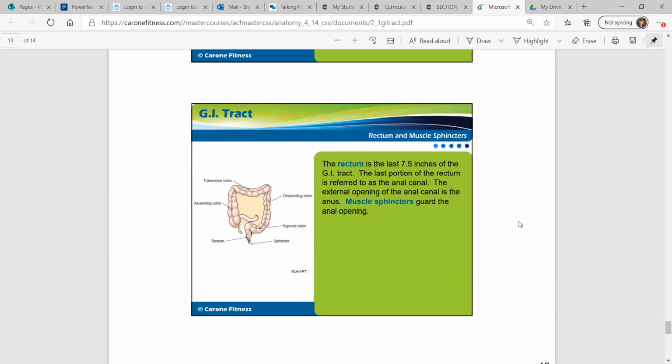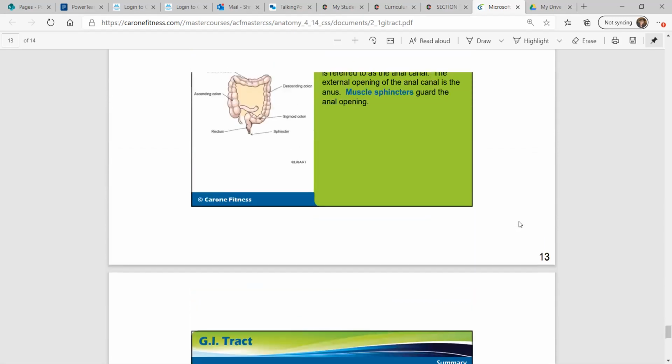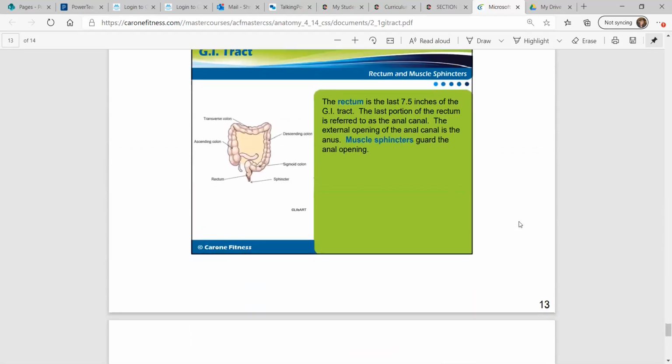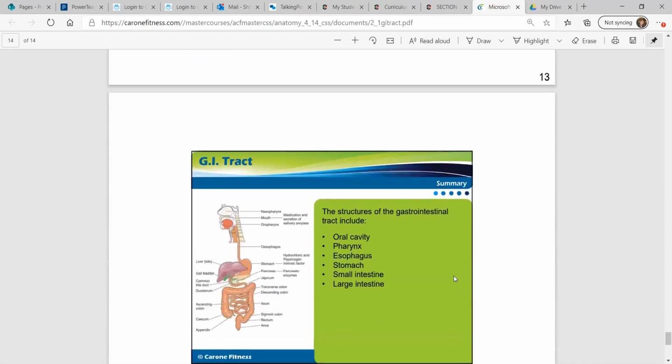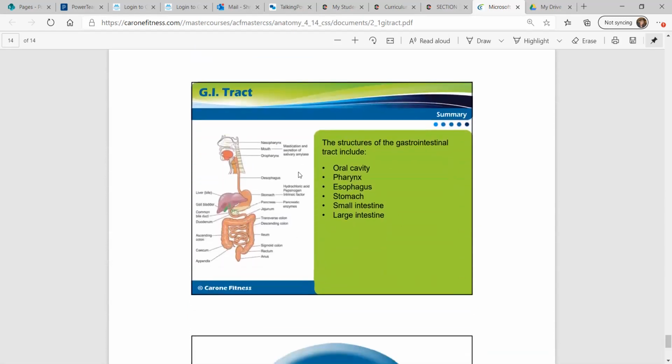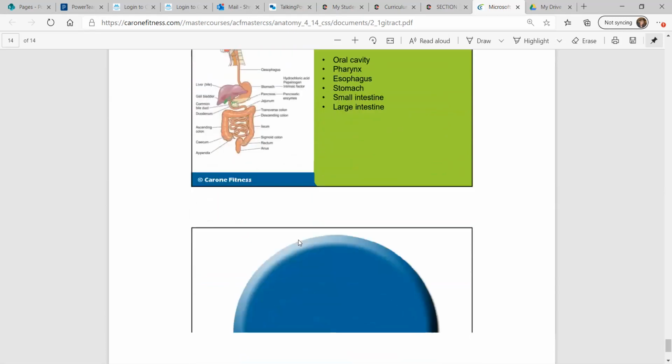And muscle sphincters guard the anal opening. So sphincters guard against things moving the other way. Remember that. So to review the structures of the GI tract, it starts with the mouth, down through the throat, esophagus, stomach, small intestine, and large intestine.